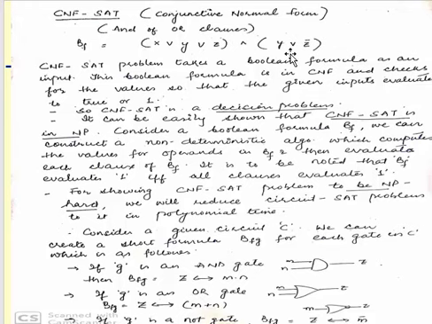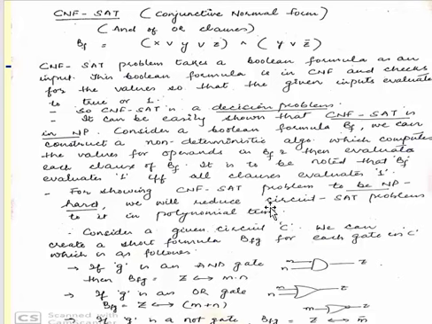We had proved that this Boolean formula is satisfiable. In order to prove that, I had taken the circuit SAT problem and reduced that circuit SAT to CNF SAT. If you want to prove that CNF SAT is NP complete, first you need to prove this is a decision problem. Next, this should be in NP. Next, we need to prove that this is NP hard.